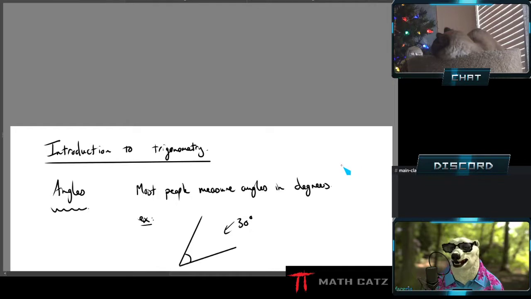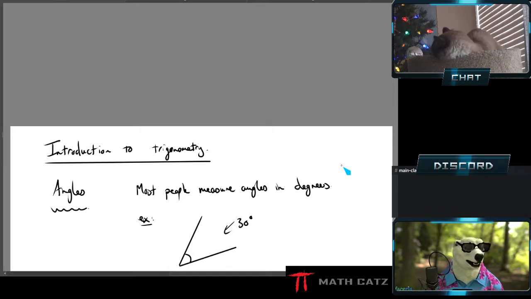I can visualize that. I have a sense, based on my life experience, of how wide, so to speak, 30 degrees is. How wide, how big is that angle? So, talking in degrees is a nice and presentable, intuitive, and natural feeling way to refer to an angle.